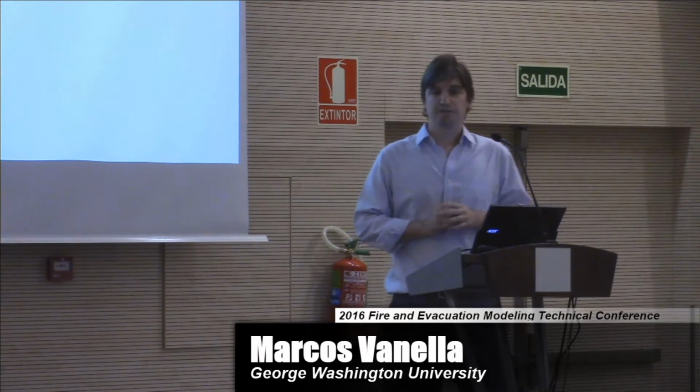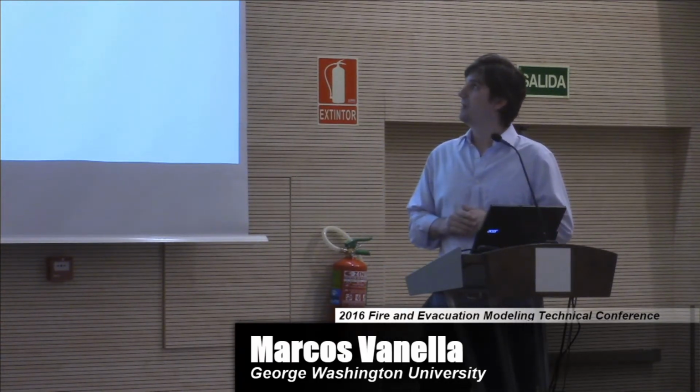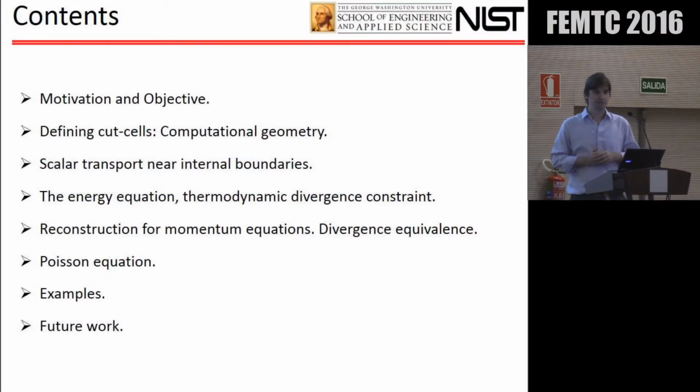These are the contents of the talk. I'm going to talk a little bit about the motivation for this. Well, we've seen a little bit in the previous talks, and what are we going to do to address getting our curvilinear geometries and trying to get fidelity in the simulations with them.